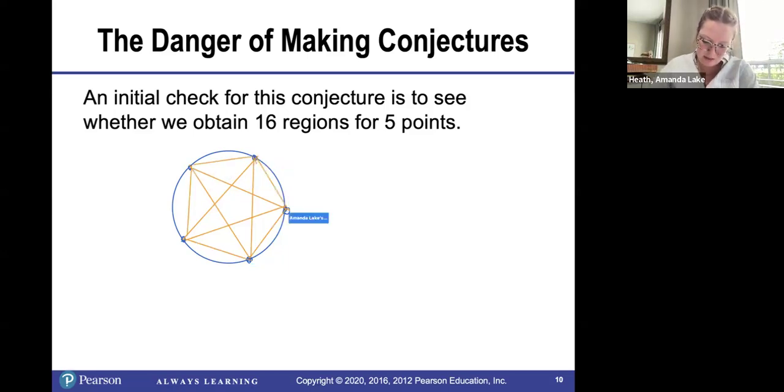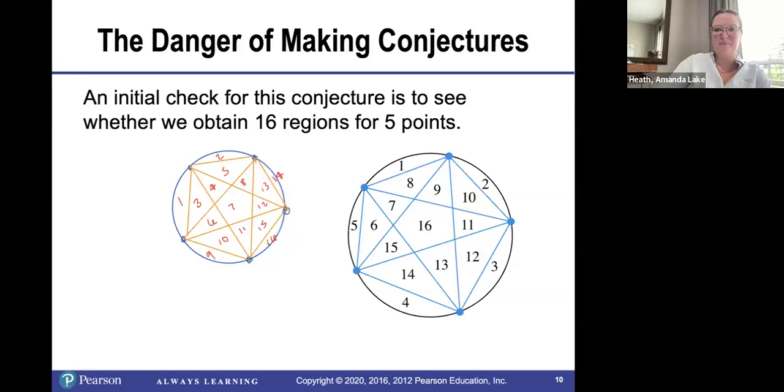I think I've connected them all. Then I can count them. My guess is 16 based on our conjecture. So 1, 2, 3, 4, 5, 6, 7, 8, 9, 10, 11, 12, 13, 14, 15, 16. Okay, so it looks like it worked for 5 points.